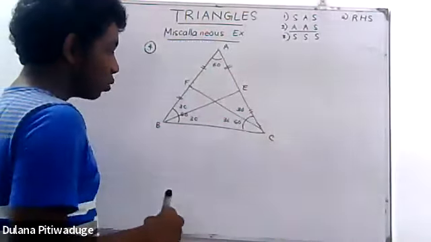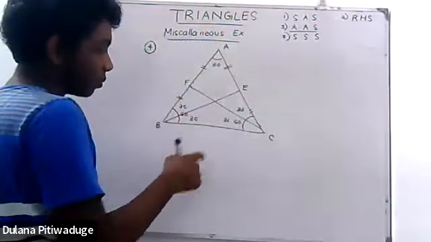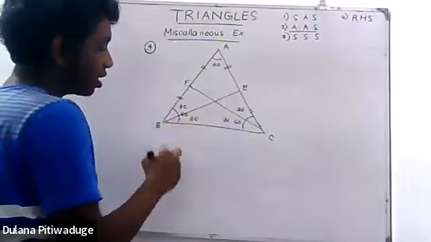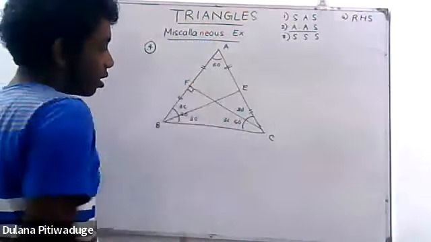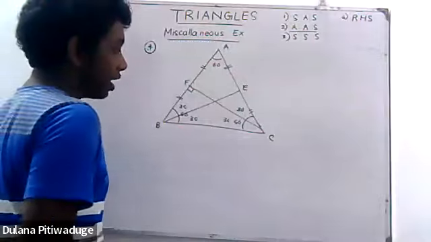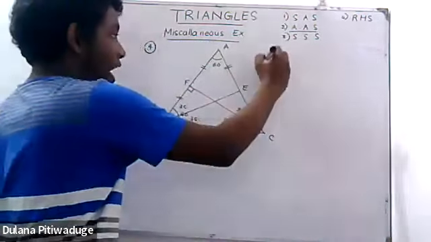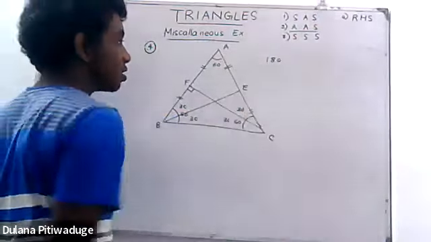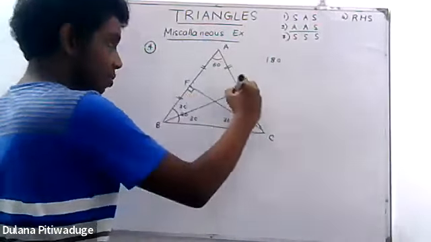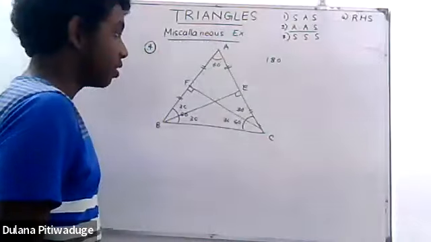Now, if this angle is 30 and this whole thing is 60, this angle here should be 90. The sum of interior angles of the triangle adds up to 180 degrees. So this angle is 90. Similarly, this angle is 90 as well.